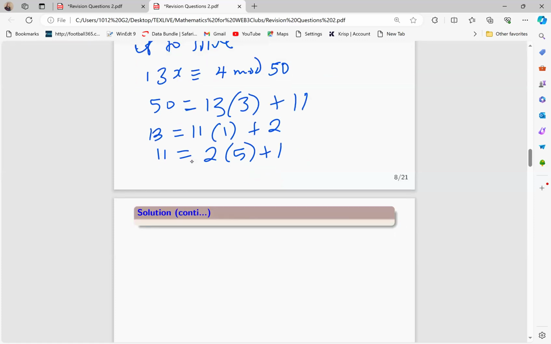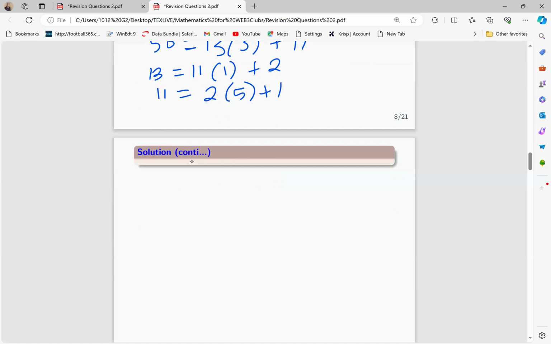And then now we use the extended Euclidean algorithm and make 1 the subject.